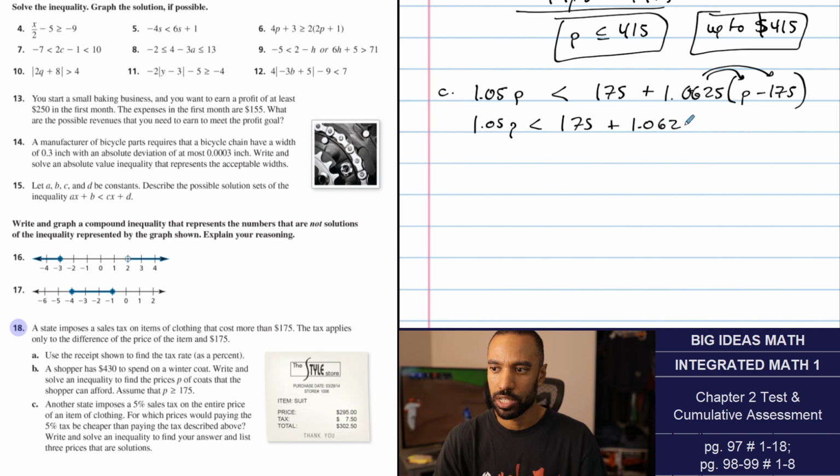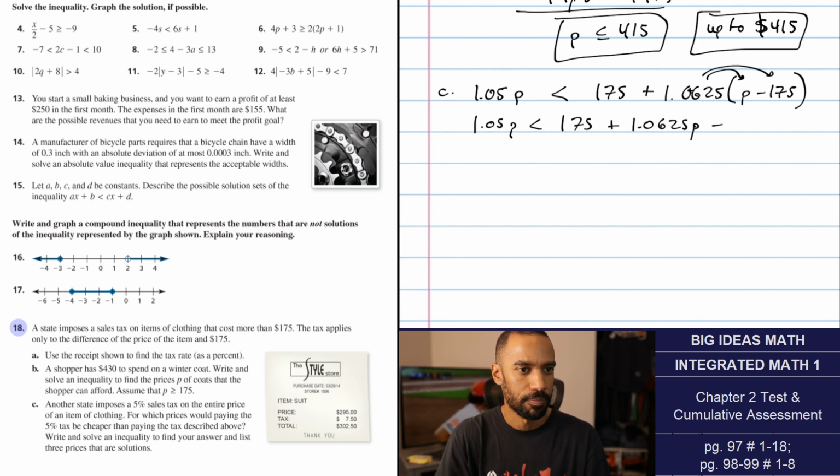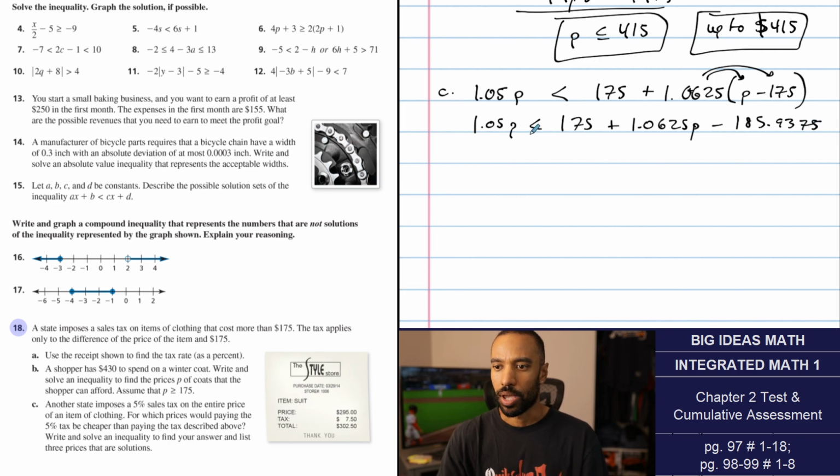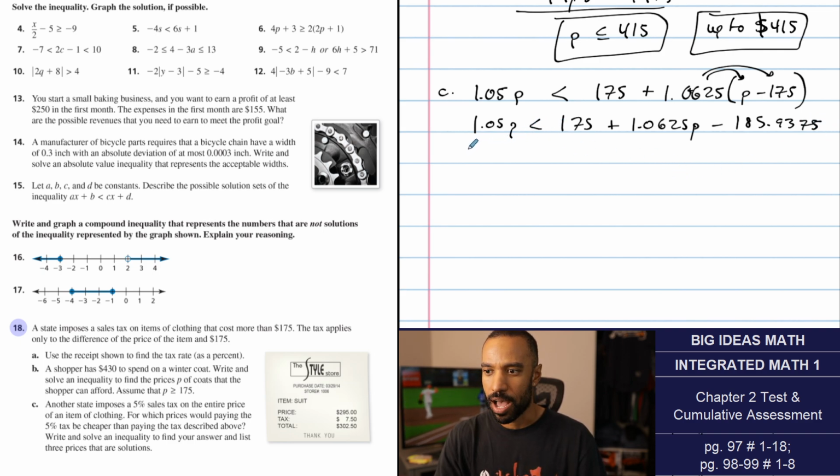So 1.0625P. Let's hope that this thing also divides or multiplies evenly here. 1.0625 times 175. No, it's not, but we'll deal with it. 185.9375. Okay.